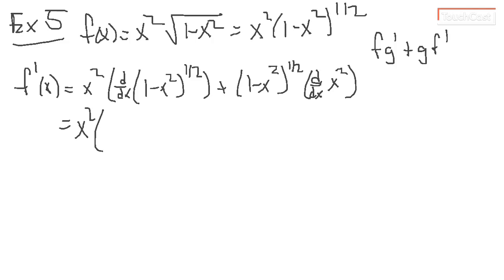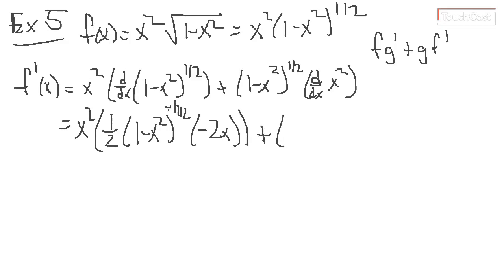So what I'm going to do is I'm going to bring down my 1/2, 1 minus x squared to the negative 1/2. And really the chain rule then just says I'm going to take the derivative of the stuff on the inside. So the derivative of my stuff on the inside is going to be a negative 2x.